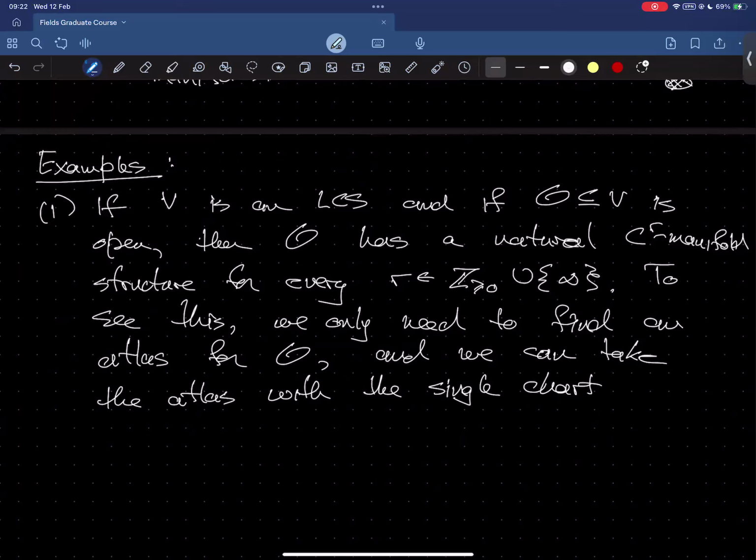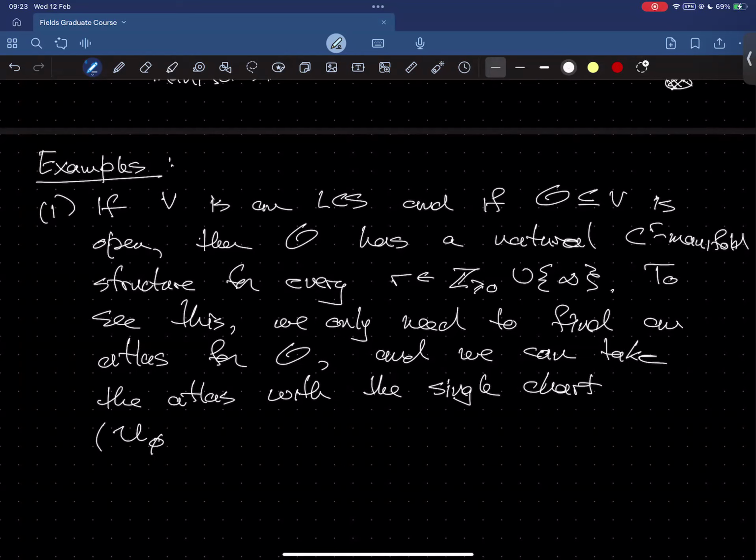Okay, so a chart will consist of three things: the chart domain, which I had called U_phi; the locally convex space in which the chart takes its values, which I called V_phi; and then the chart map phi. So I need three things. Let me write it like this.